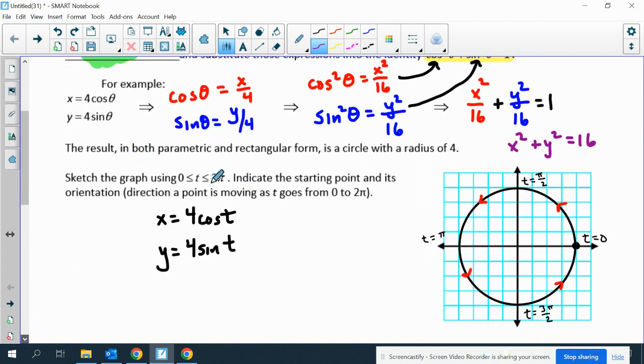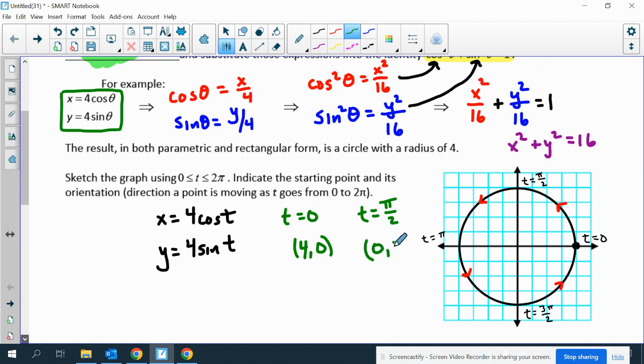And then we can sketch the graph on 0 to 2 pi, and you can figure out what's happening if you substitute in t equals 0, for example. You get the point (4, 0). And then if you substitute in t equals pi halves, you get the point (0, 4).